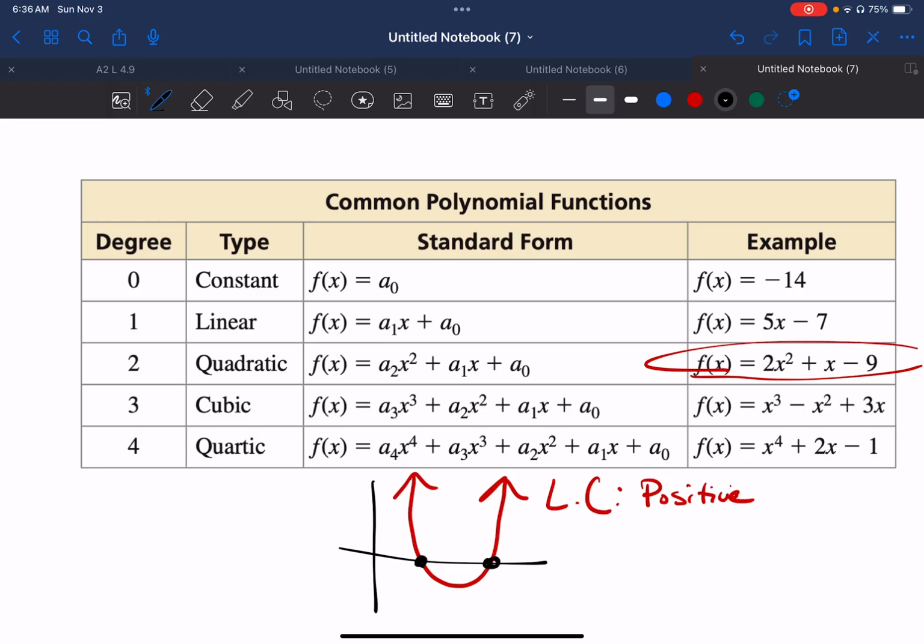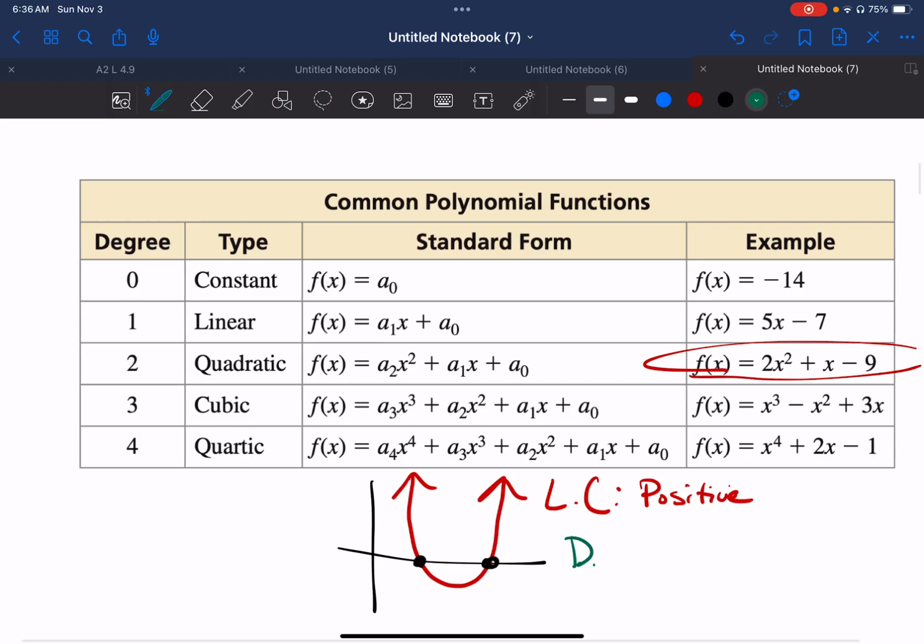And that also has to deal with the degree. This degree is an even number, meaning I can cross that x-axis twice, so it's going to have the same end behavior on the left and on the right.